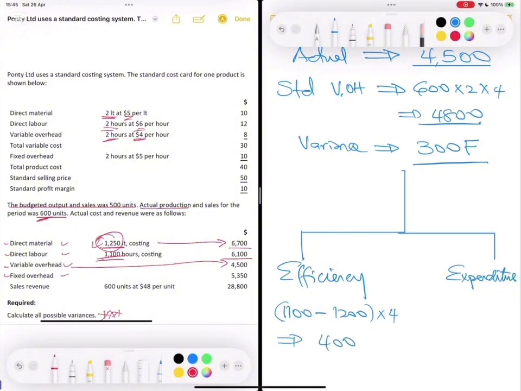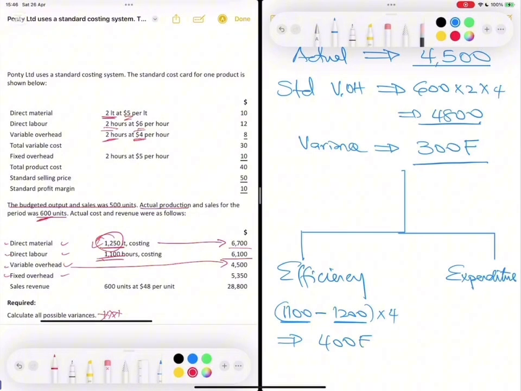So the actual is 1,100, but we should have spent 1,200. So that is favorable because we spent fewer hours. Making sense?